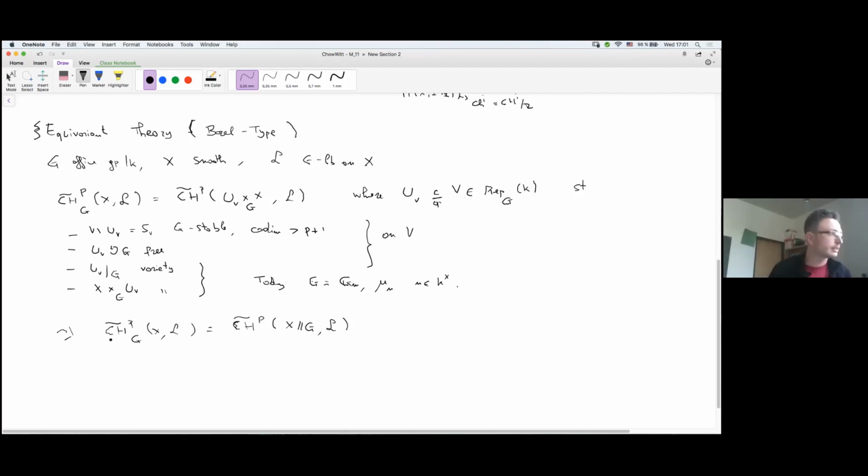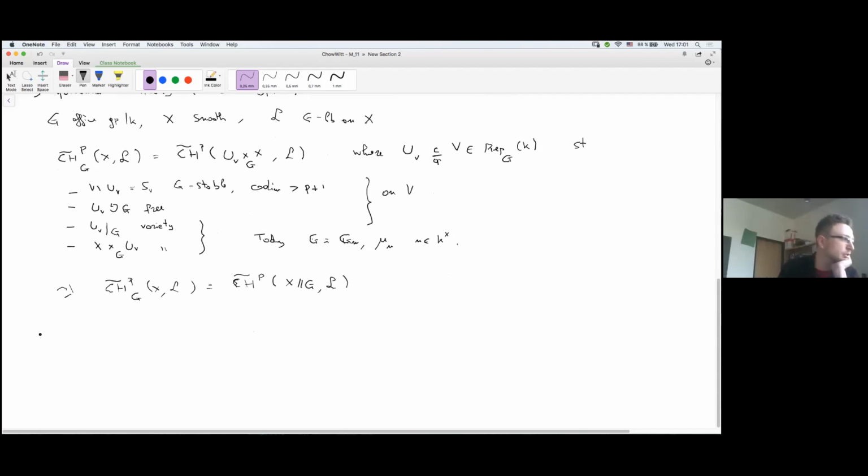An example of what kind of information we can find in these groups was computed by Fasel and Matthias Wendt: the Chow-Witt ring, together with the multiplicative structure, of G_m with coefficients in a line bundle.